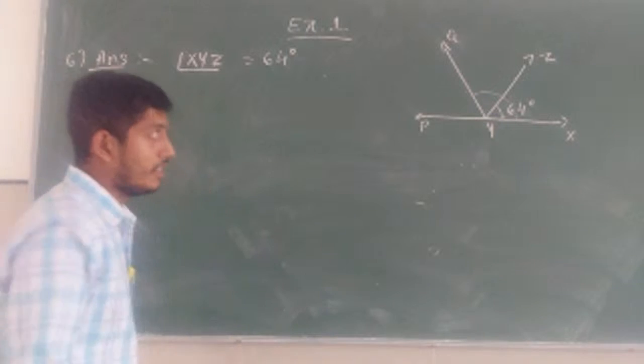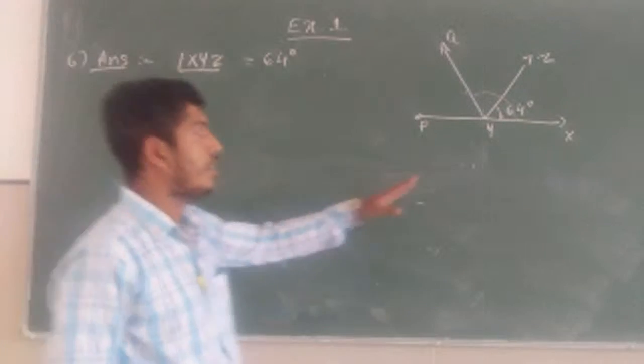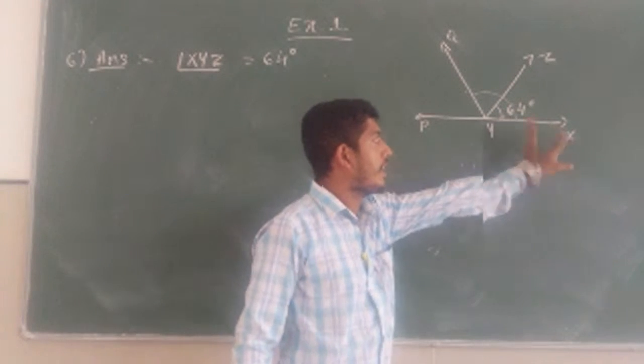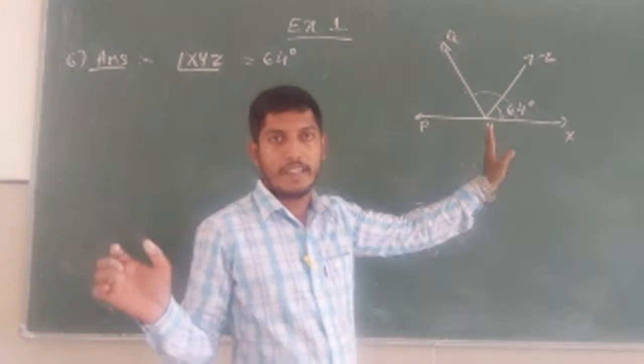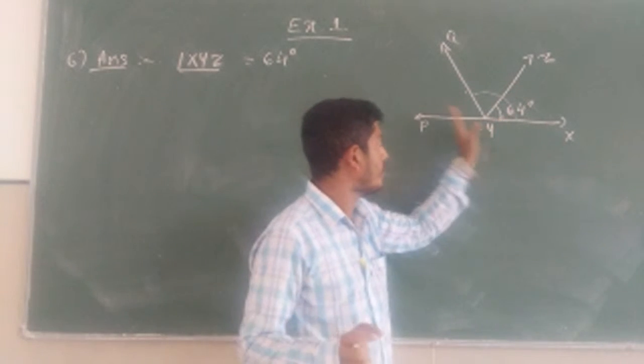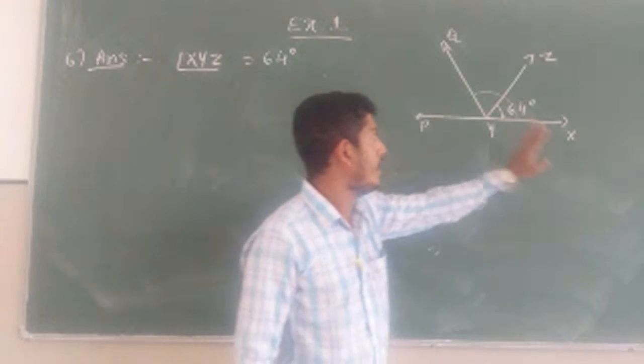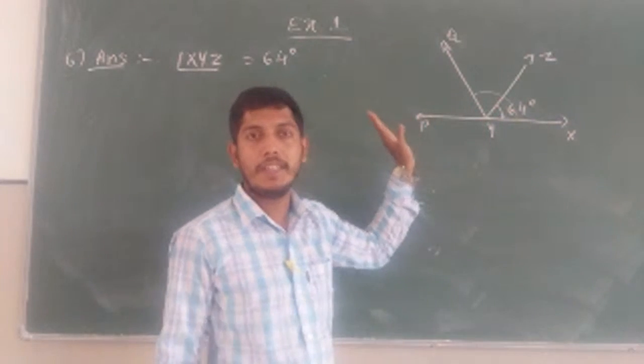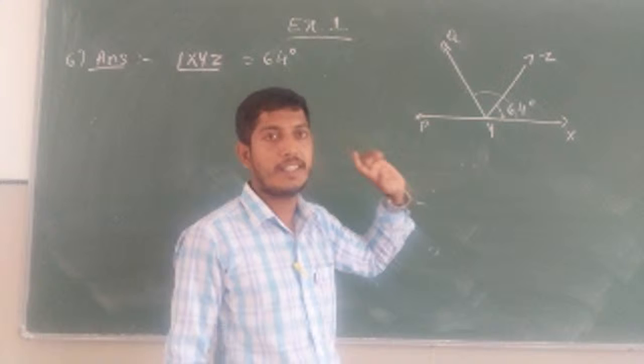To solve this, I will consider XY. It is given that it is a straight line, and XY is produced up to point P. So that is why line XP is also a straight line. Listen carefully.